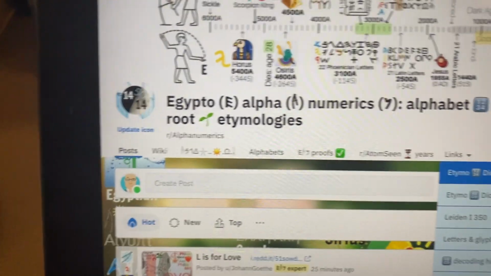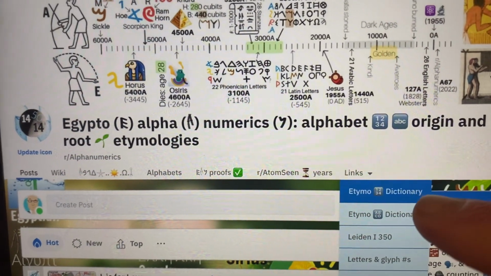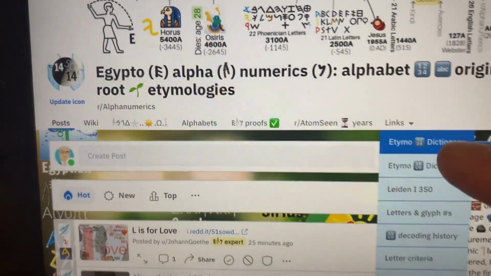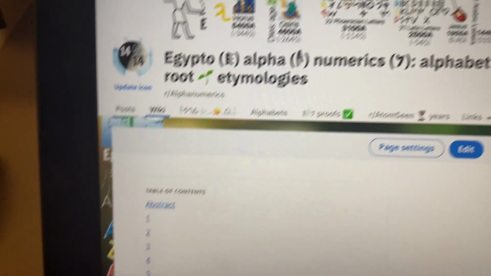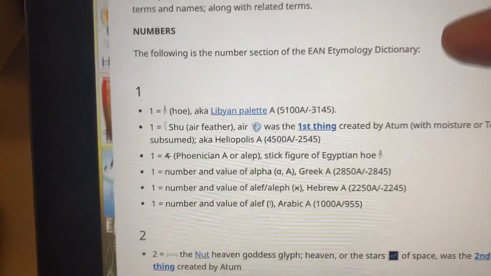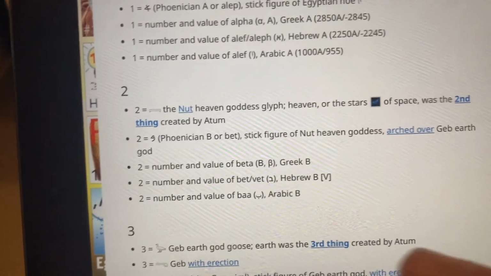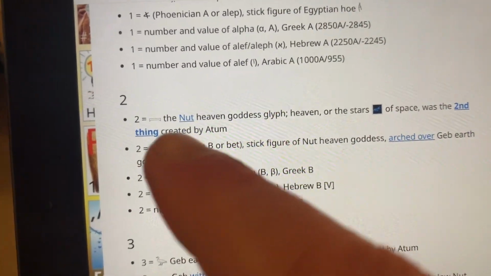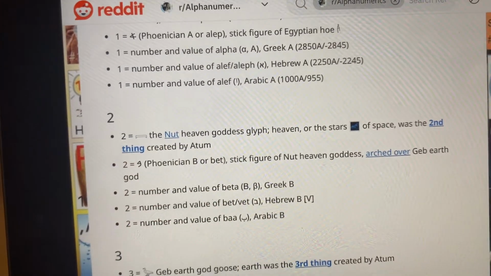Then I took the work in progress Egypto Dictionary numbers, which you see here, where you can look up something such as 2 and find that it equals the Bet hieroglyph.